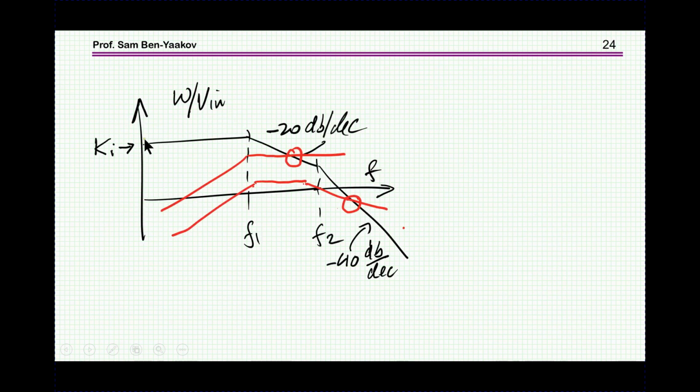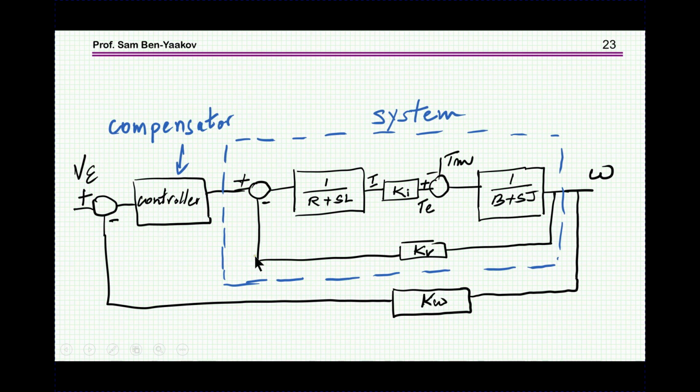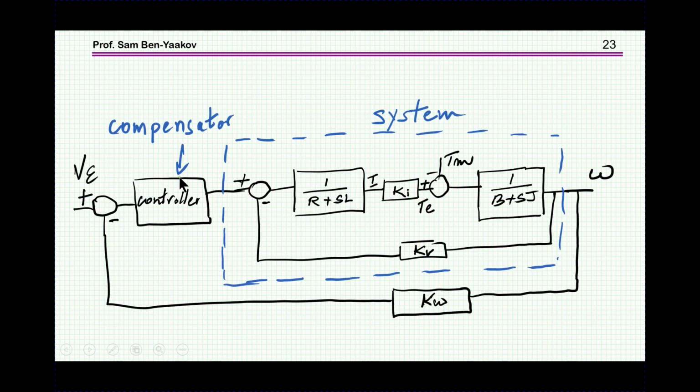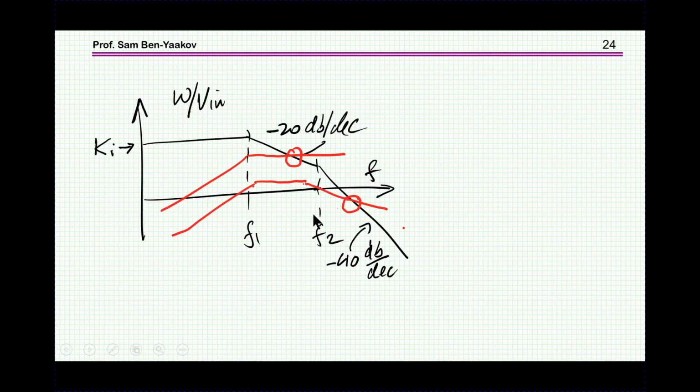So here is the part which is given. This is not Ki, this actually should be times K omega also, because we have this part too, but let's assume that this is then given. And now we have to come up with a compensator here to close the loop properly.